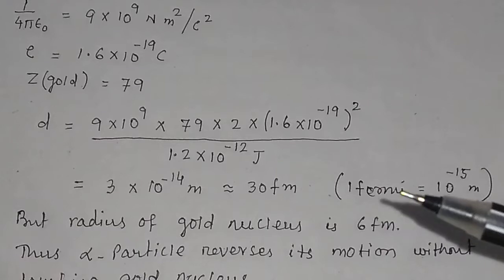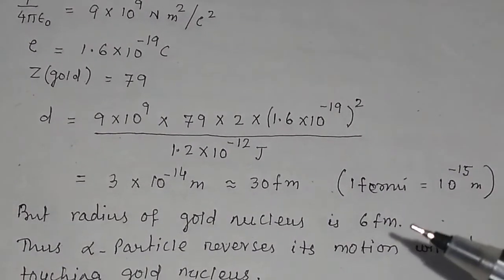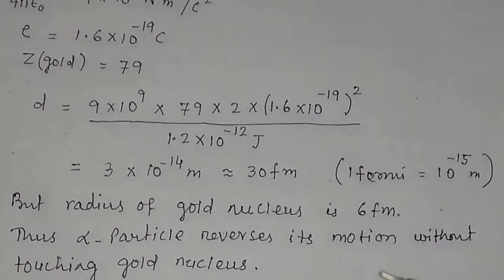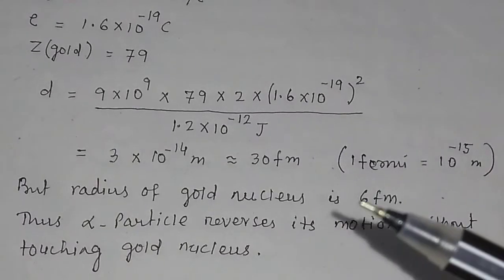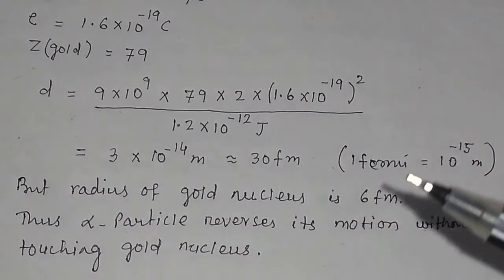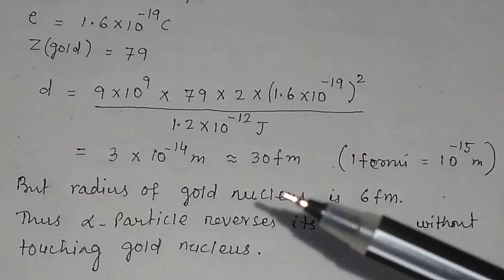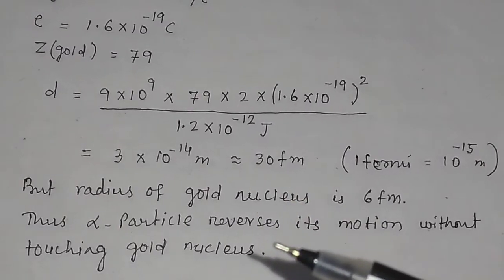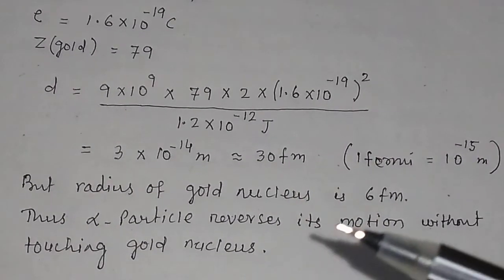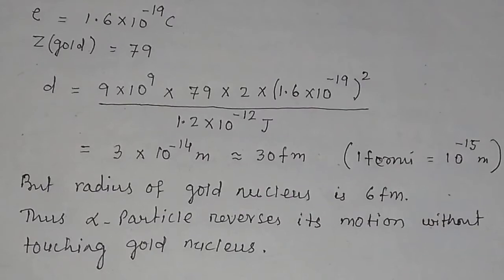As you know, 1 fermi is equal to 10 to the power minus 15 meter. But the radius of the gold nucleus is 6 fermi, while here it is 30 fermi. Thus the alpha particle reverses its motion without touching the gold nucleus.